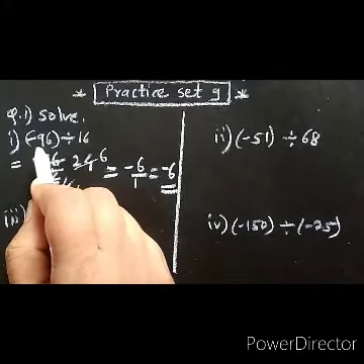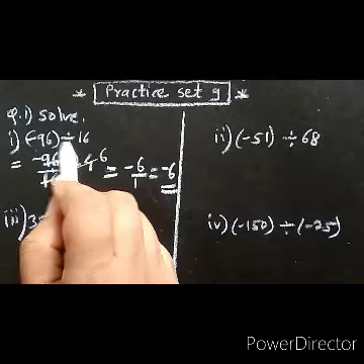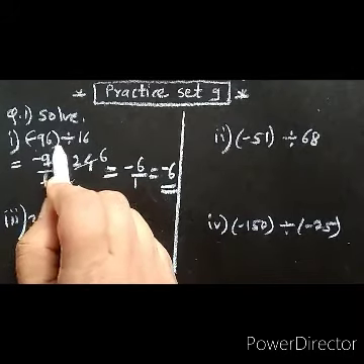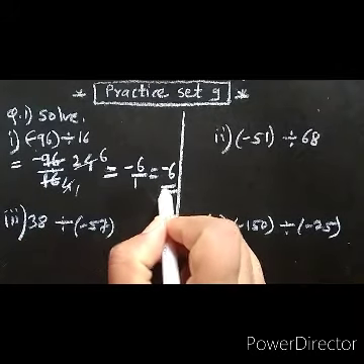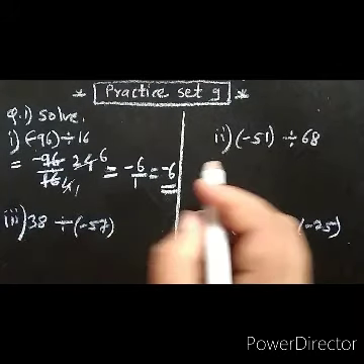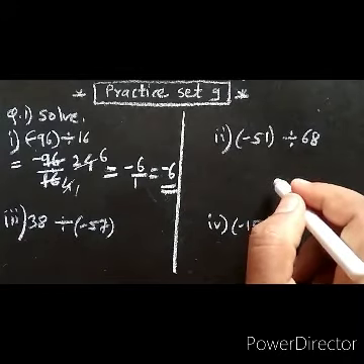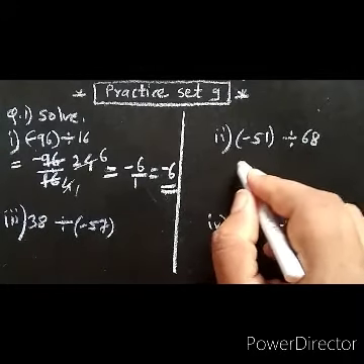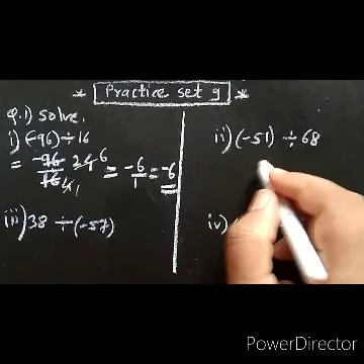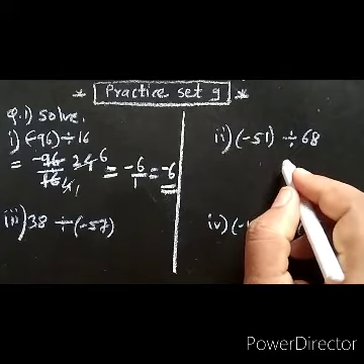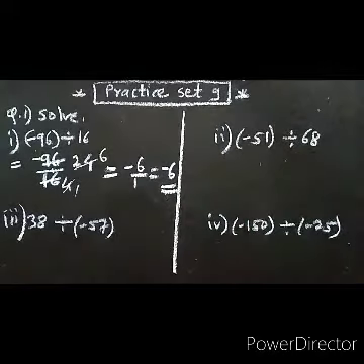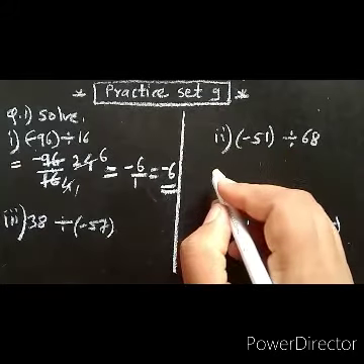In division of a negative and a positive number, we get a negative integer. So here we got minus 6. Now the second example, minus 51 divided by 68. See in which table 51 and 68 are there? In the 17th table.